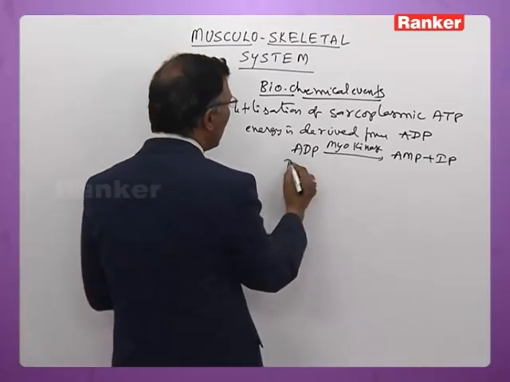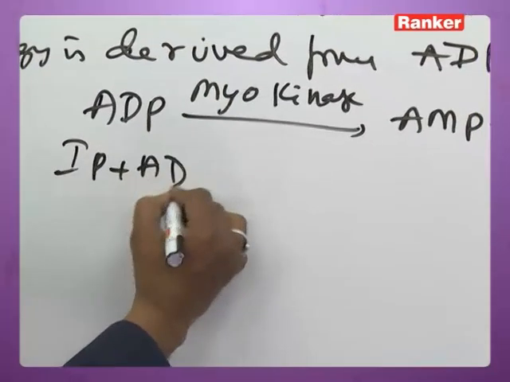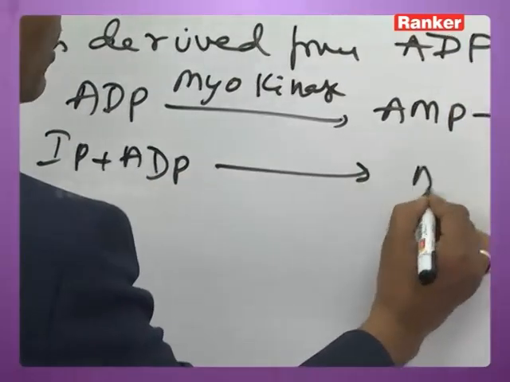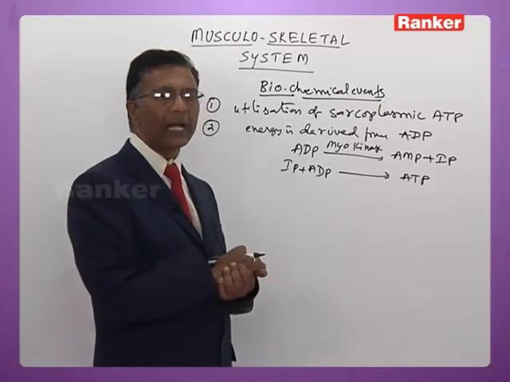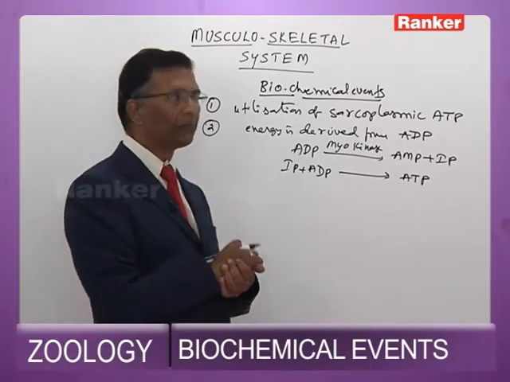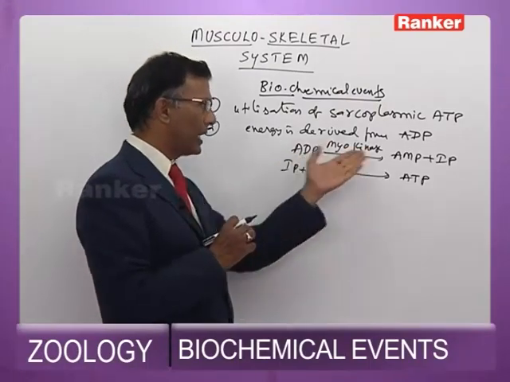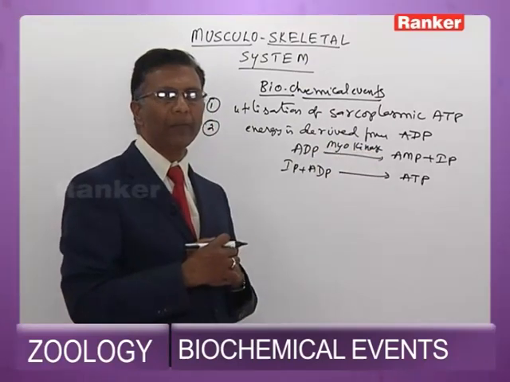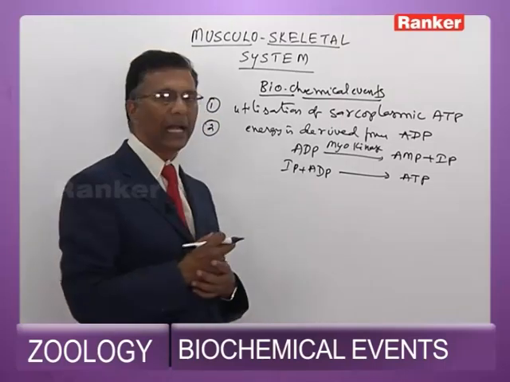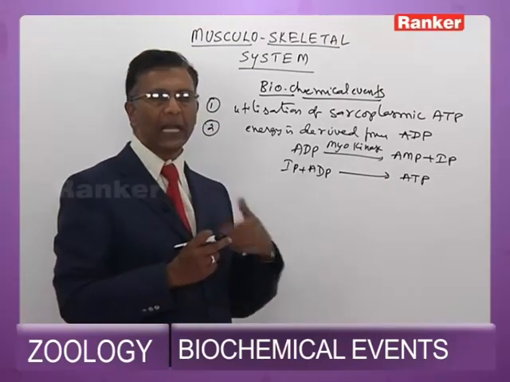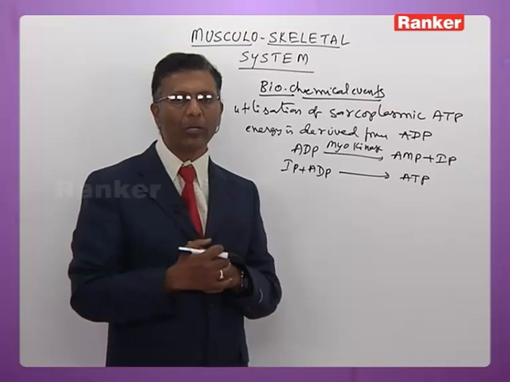Now that IP, inorganic phosphate, combines with the remaining ADP molecules to form ATP. Suppose there are 100 ADP molecules in the sarcoplasm, maybe 50 get catabolized to form AMP and IP. The IP will combine with the remaining 50 ADP molecules to form ATP. Now this ATP enables the muscle to contract for some more time.